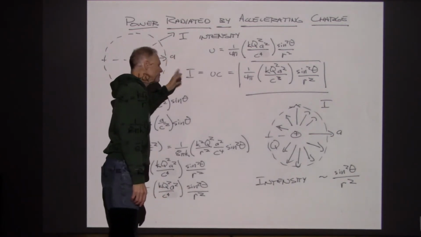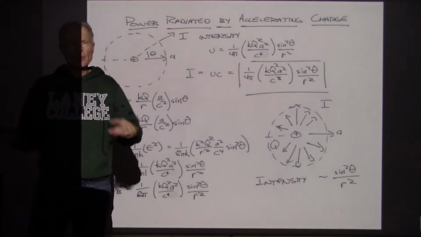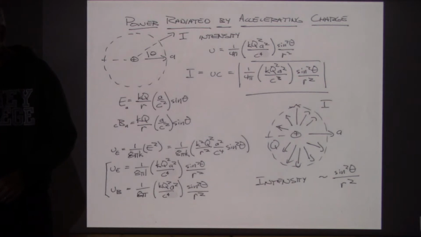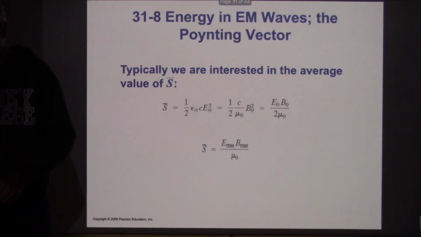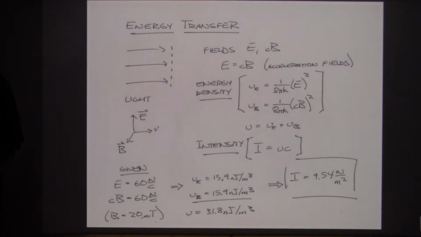Again, I don't see any of this stuff showing up on our midterms. I think the stuff that you guys want to be good on, let me go back and point to this. You'll see homework problems for this too. You definitely want to be able to, starting with electric and magnetic fields, work your way through the energy densities and intensities.